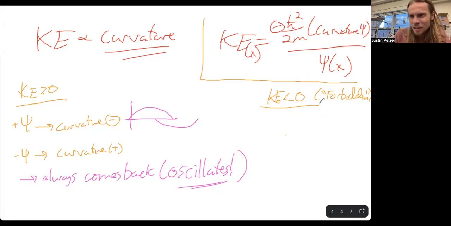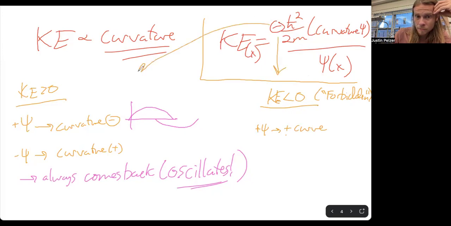You can't have an imaginary velocity. So that means if I have positive psi, I have positive curvature. Because if that's positive and that's positive, that negative sign is what really causes this, doesn't it? This you need to know tremendously. And negative psi means negative curvature.